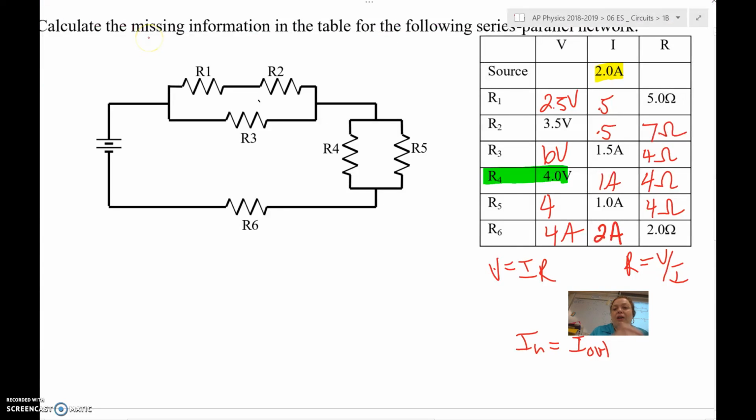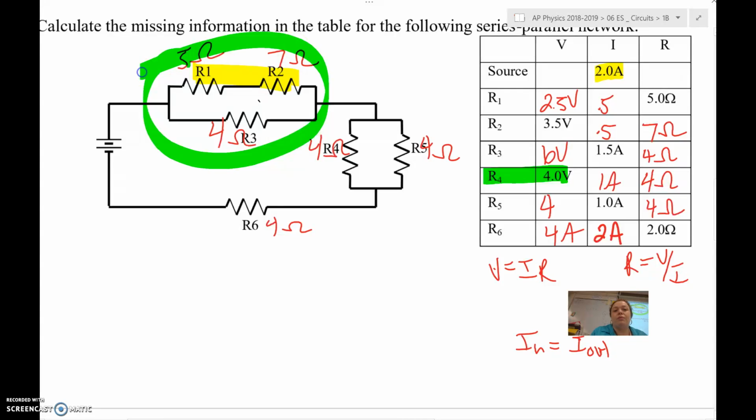So, what do we got? We have got 5 ohms, 7 ohms. I'm just going to fill in my resistors so we can see them. 4 ohms, 4 ohms, 4 ohms, and 4 ohms. Okay, so it's a nested thing, and you go down to the smallest piece of the nesting, and that would be that R1 and R2 are tucked inside of this one.